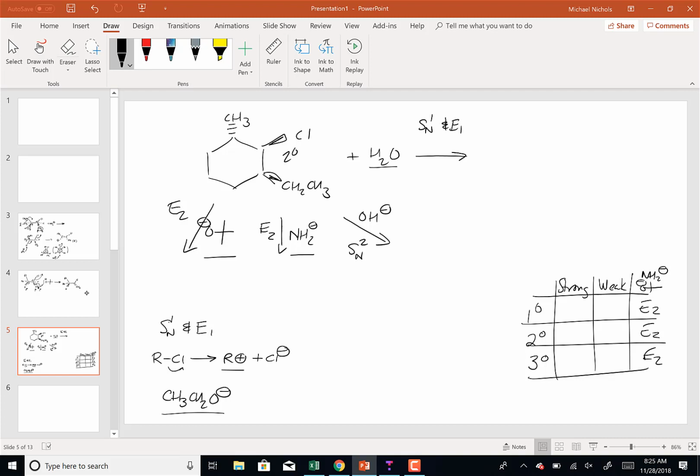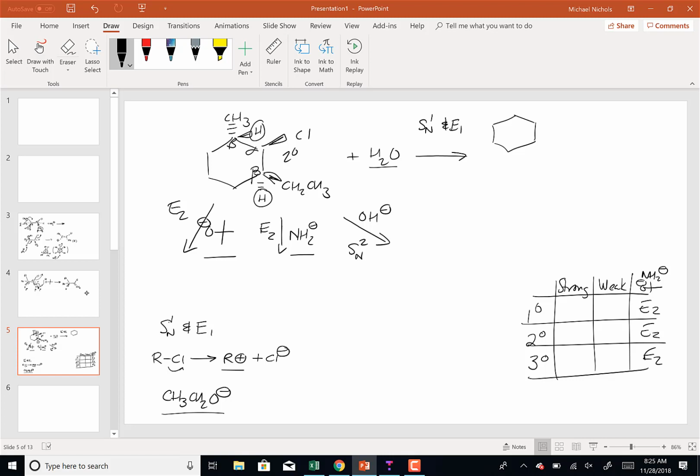For the SN1 and E1, there's actually going to be 4 products of this reaction. So if we think about the E1, if I again identify my alpha and beta carbons, and here are my 2 beta hydrogens.